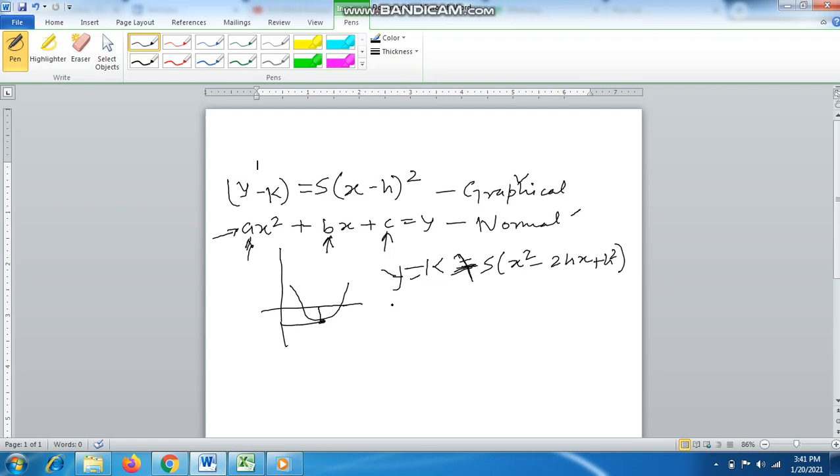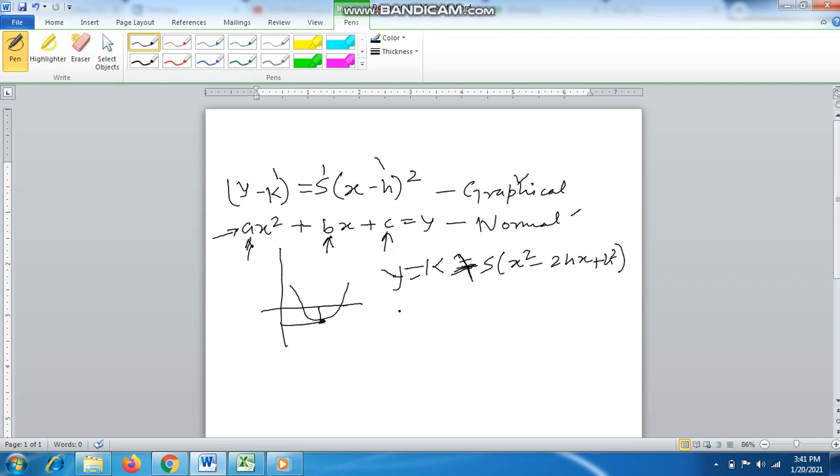Please concentrate on the main concept that I'm trying to convey to you. Basically, I'm trying to work out how to represent s, h, and k in terms of a, b, and c here. That will give us an idea how the shape of the parabola is affected by these coefficients.